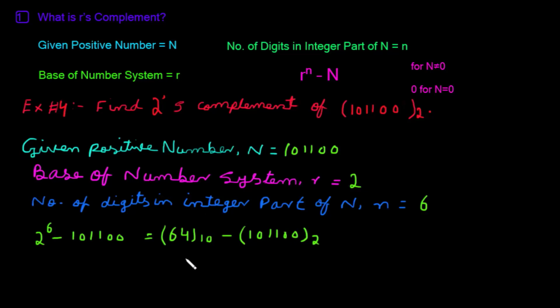Here we got a situation where we have a decimal minuend and a binary subtrahend. To execute this subtraction operation, the minuend and subtrahend must be of the same base. We can convert both, but in this case I will convert this decimal minuend into binary.